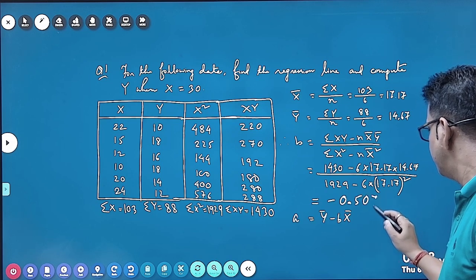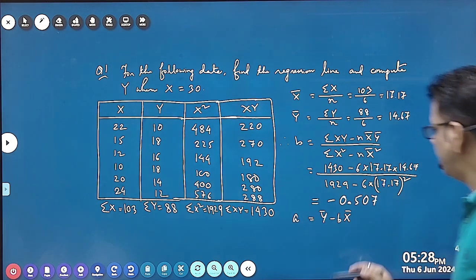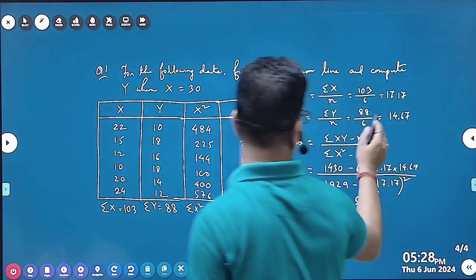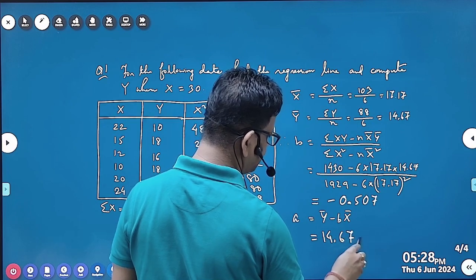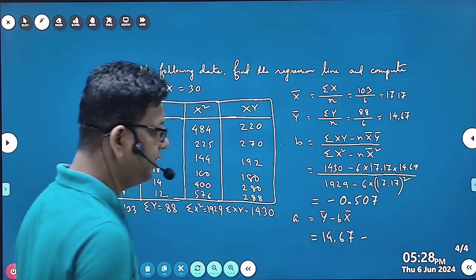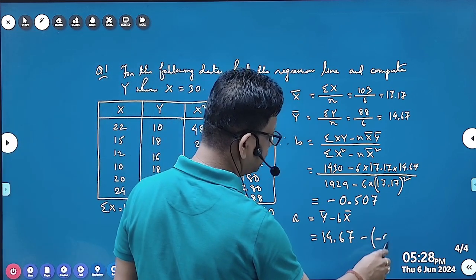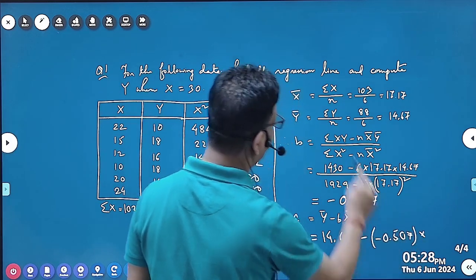Okay. Now a, you just put it, a is y bar, which is 14.67. These are actually coefficients. They can be any positive or negative real number. So minus b, b is minus 0.507, to be multiplied by x bar.